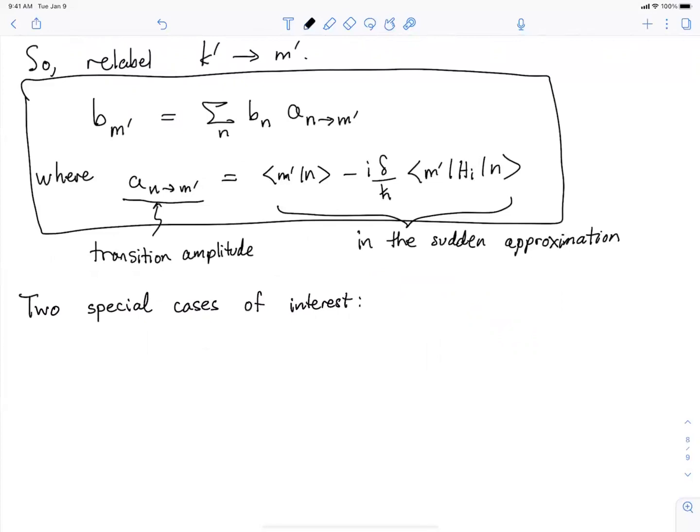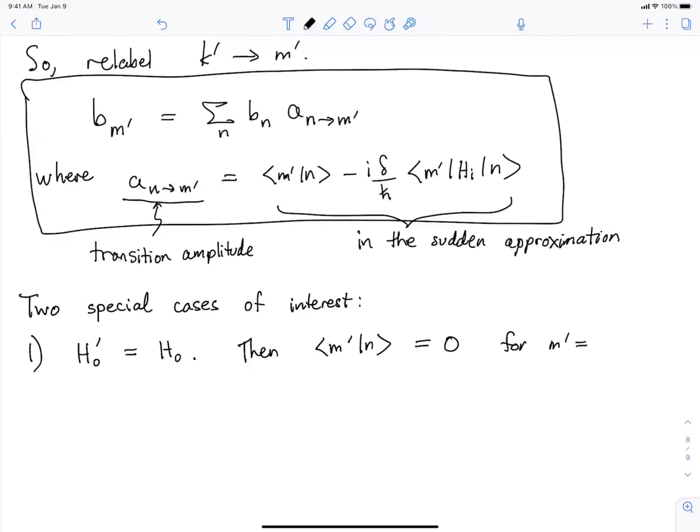So let me say what the two special cases of interest are. One is I could have a situation where H0 prime and H0 are the same thing. In other words, I have a simple Hamiltonian, some weird perturbation or some complicated thing happens in the middle, and then it goes back to the Hamiltonian it started with. And in that case, the matrix element m prime n, that first term in the transition amplitude, is just going to be 0 for m prime not equal to n.